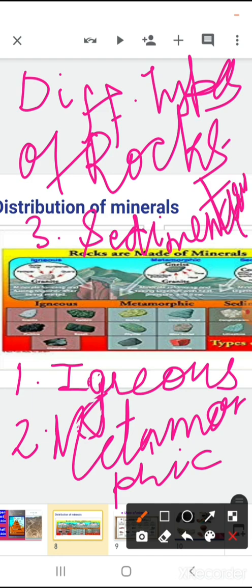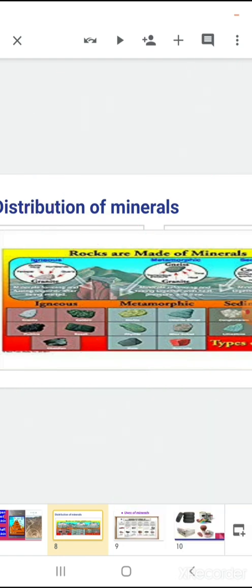First the igneous rock, second the metamorphic, and the third is the sedimentary rock. Now, what is an igneous rock?